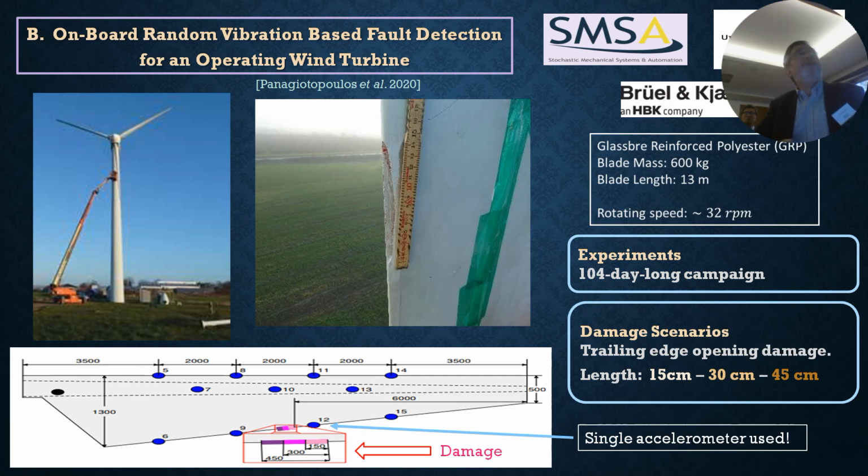I mean, we're talking about a blade that is 13 meters long, and we're talking about damage that is 15, 30 or 45 centimeters. So the damage is really minor. You can see it here, right? It is a very challenging problem to see whether we can detect this kind of damage.